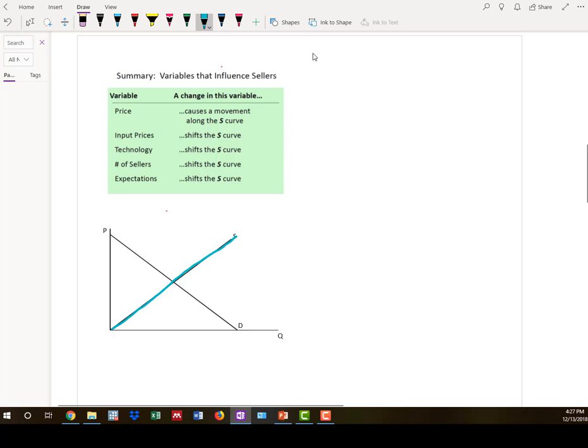Input prices and technology, those are cost issues. In fact, whenever input prices go down or technology improves, the supply curve is going to shift if there's a reduction in input prices or an improvement in technology.